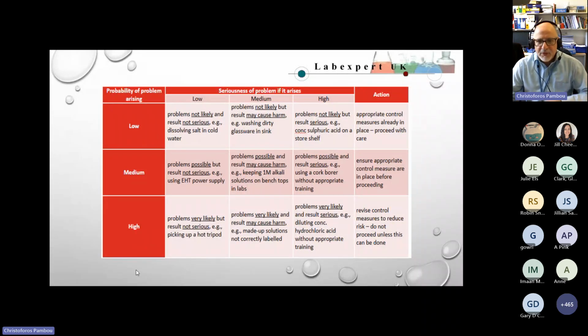And then on the horizontal side, we have how serious the problem is if it does arise. And then on the right-hand side, I have some actions to be taken.